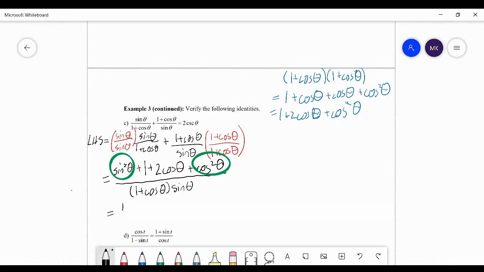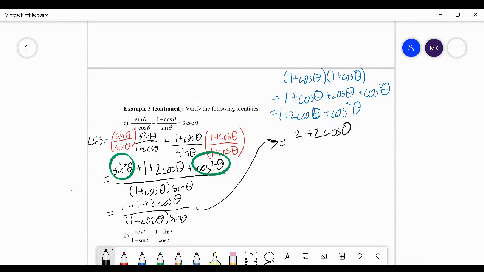So I end up with 1 plus 2 cosine theta over 1 plus cosine theta sine theta. Now the 1 plus 1 obviously gives me 2, so I have 2 plus 2 cosine theta over 1 plus cosine theta sine theta.